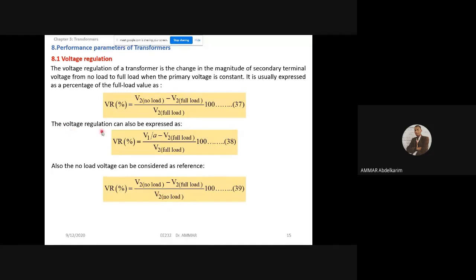The voltage regulation can also be expressed as V1 over a, which is the primary voltage referred to the secondary and has the same value as the secondary voltage in case of no load, minus full load voltage, over full load voltage. Also, as I said, the no load voltage can be taken as reference, and expressions 37 and 39 will give the same result.